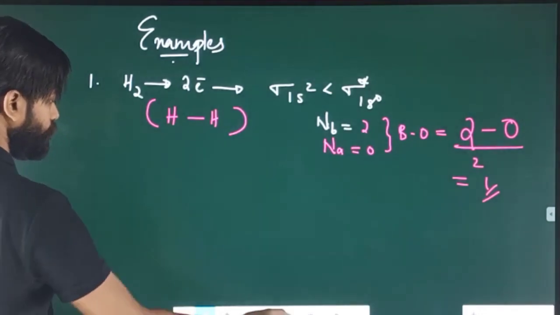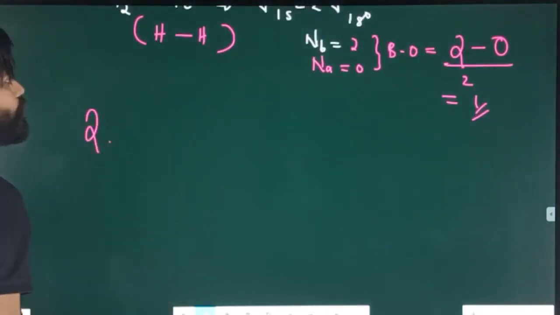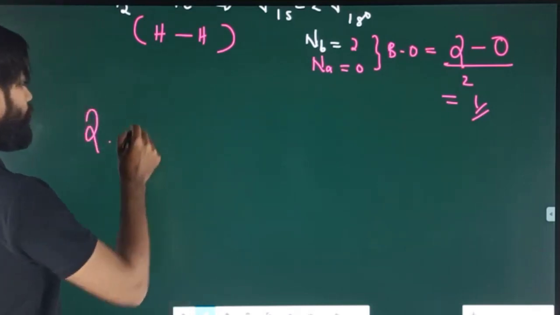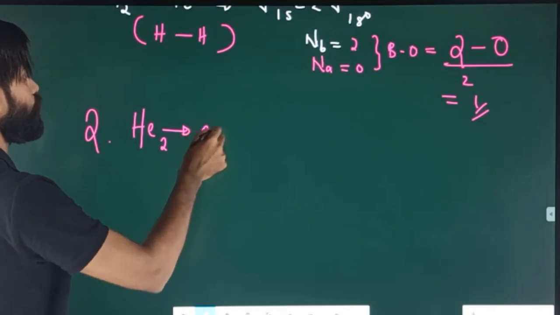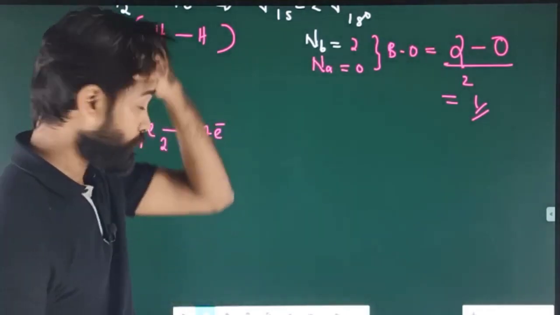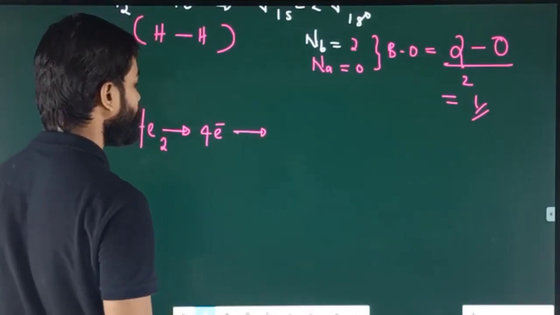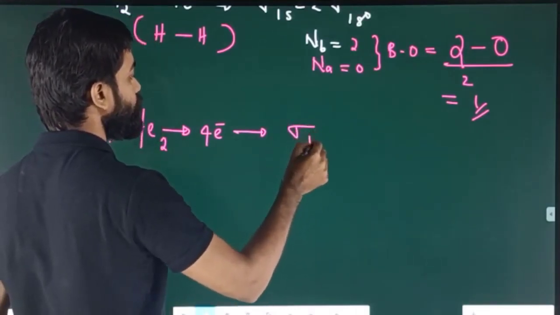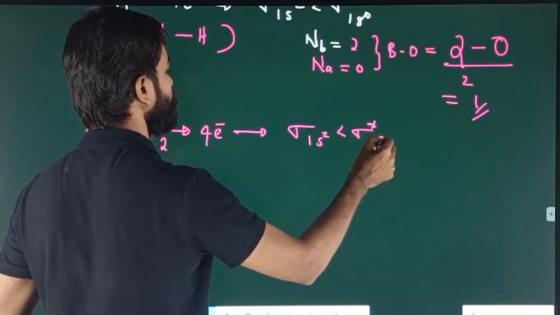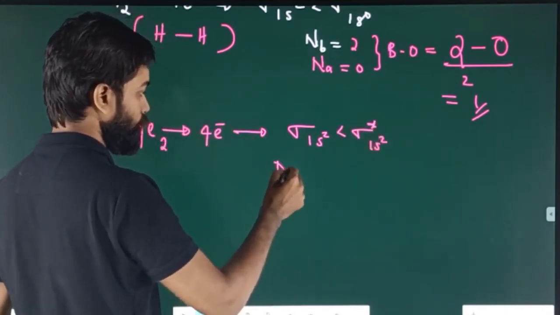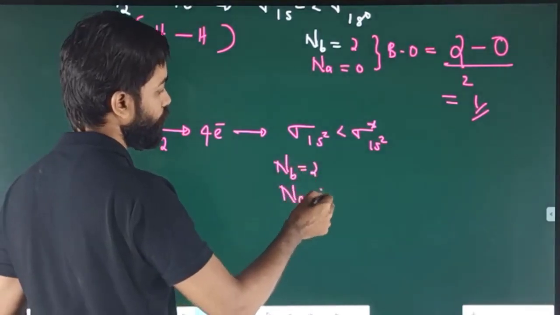Okay. So moving to the next example, He2. There are actually 4 electrons. So if there are 4 electrons, what happens? Sigma 1s2 less than sigma star 1s2. So the number of bonding electrons equals 2 and antibonding equals 2.